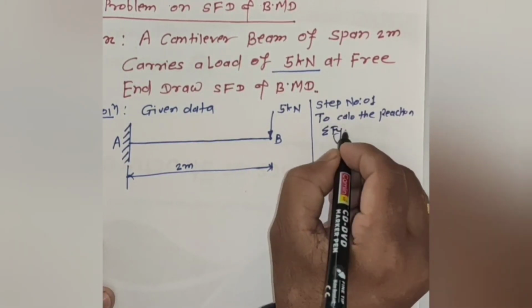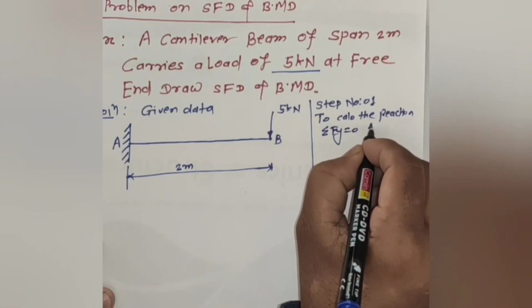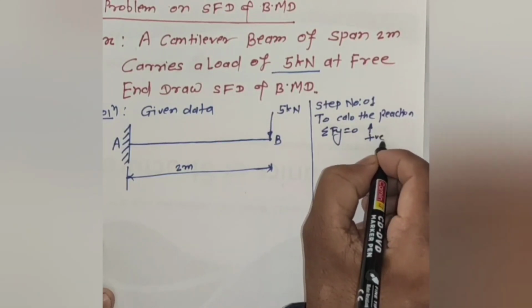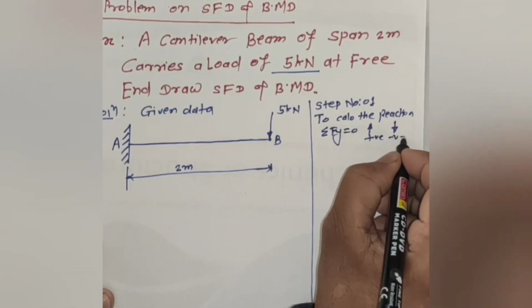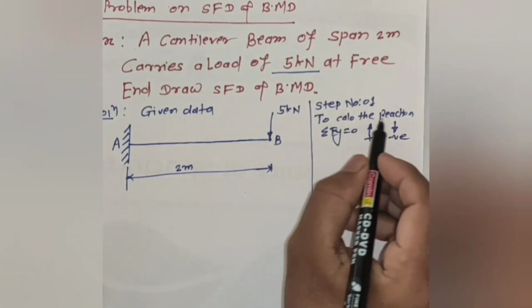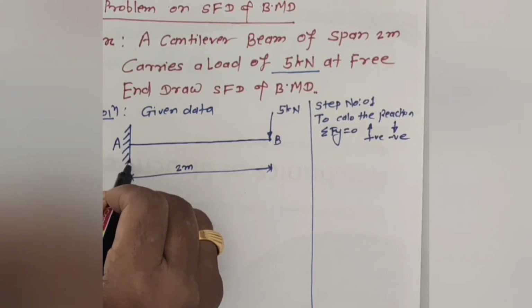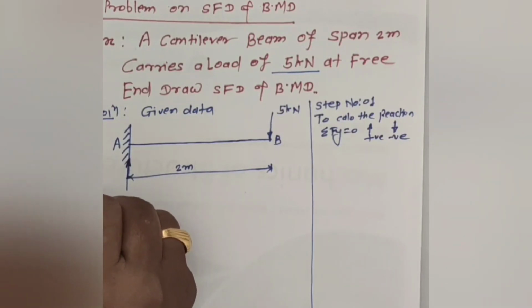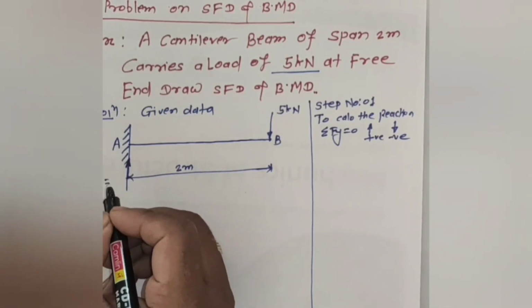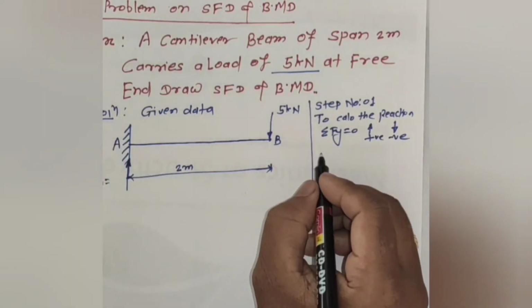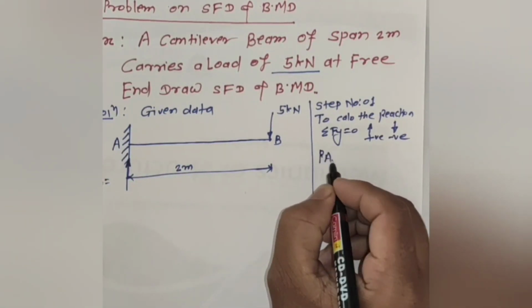Summation Fy is equal to 0. Upward forces take it positive, downward forces take it negative. The reaction occurs at a fixed end, that is at point A. This is nothing but the RA. RA goes upward, take it positive.